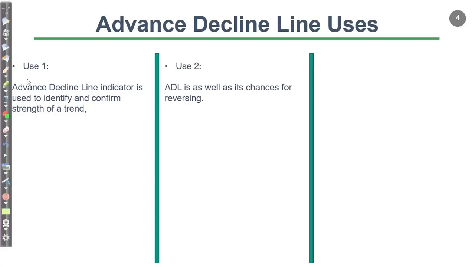When the ADL line is running to the upside but the price line is running to the downside, it means the trend will change. Whatever order we placed, it is the time to book our profit, otherwise price will reverse back. That is why it confirms the reversal of the market.